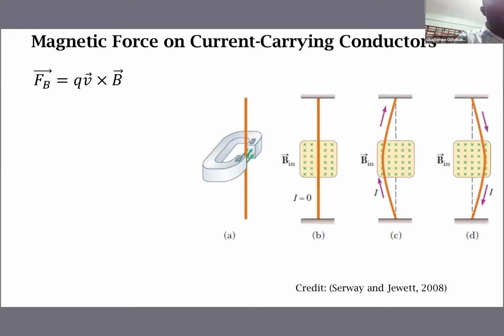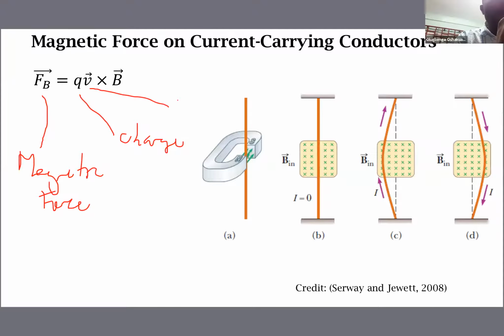I think we have seen this in our previous classes, that the magnetic force F subscript B equals q v cross B. Q is charge, V is velocity, and B is the magnetic field strength or magnetic field vector.